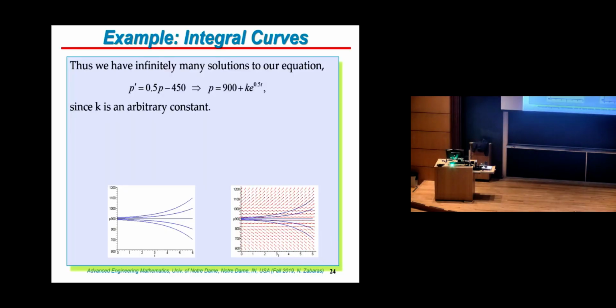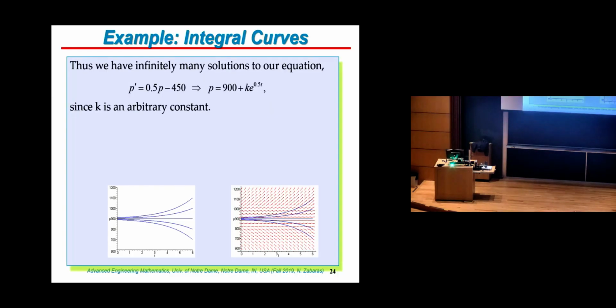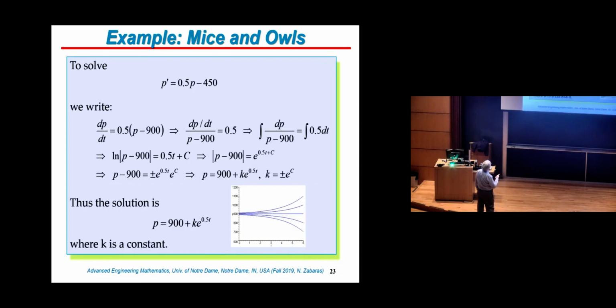So what can you say here? If you start with an initial population below 900, you follow the arrows, and the arrows take you where? This is the population problem, so let's look at this equation.